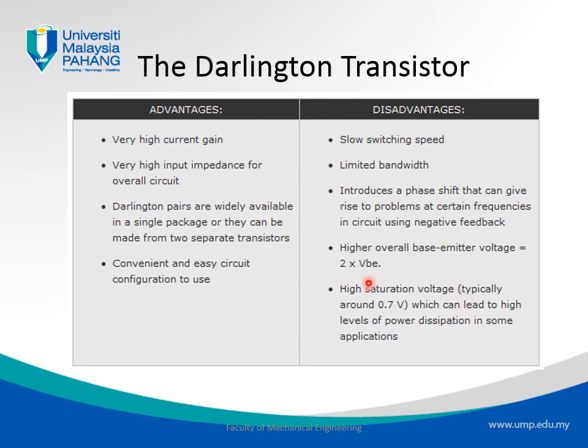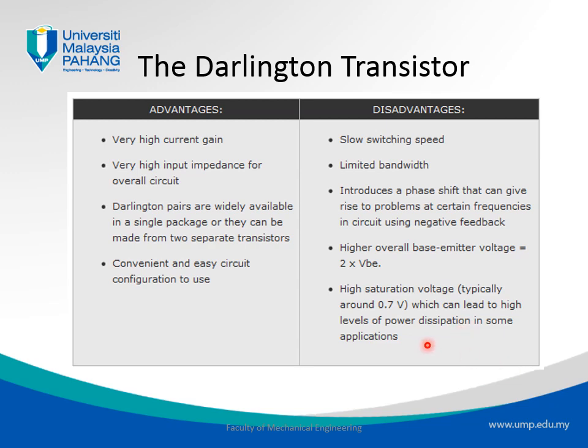Another disadvantage is a higher overall base emitter voltage, which previously was 0.7, but now we will need more than 0.7 to turn it on. And finally, we will also have high saturation voltages, which can lead to high levels of power dissipation in some applications. I mean, we will create a lot more losses.